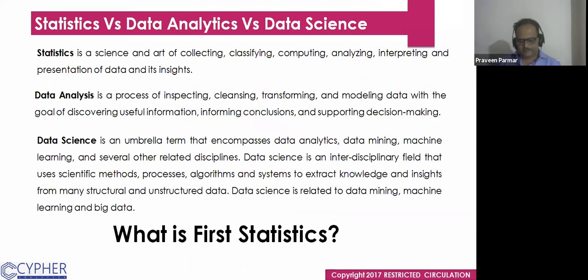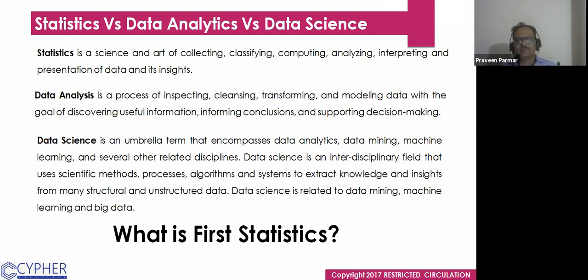Now we understand what statistics is. Now what we are going to study is data analytics. What is data analysis? It is a process of inspecting, cleansing, transforming, and modeling data with the goal of discovering useful information, informing conclusions, and supporting decision making.